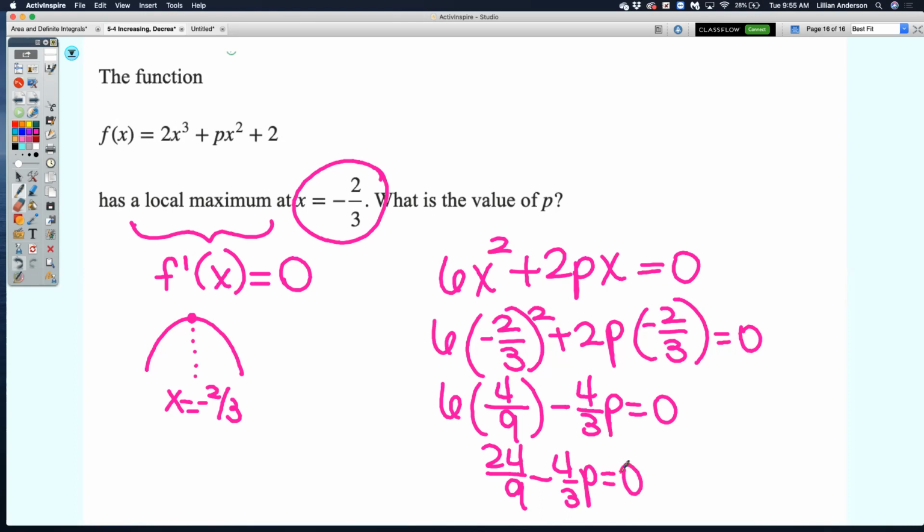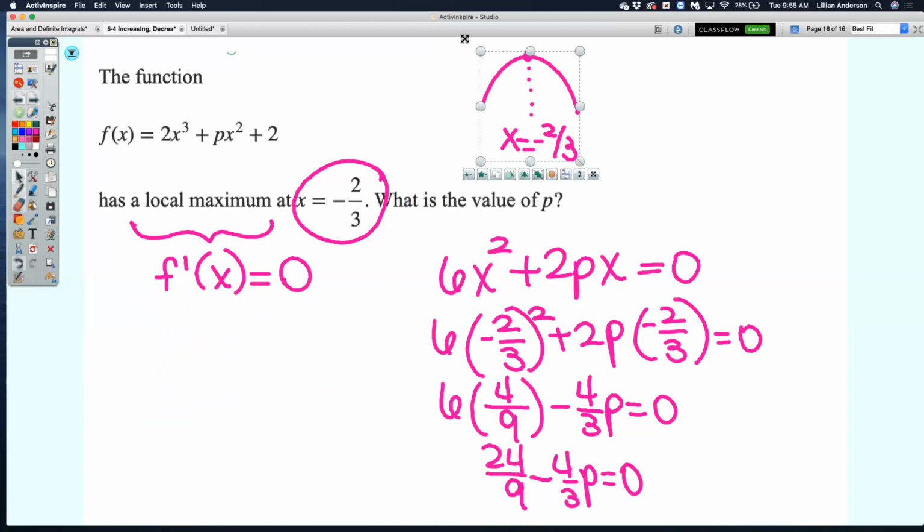How do I solve for p? So you said something about subtracting. So if I take 24/9 and subtract it over, how can I solve for p?